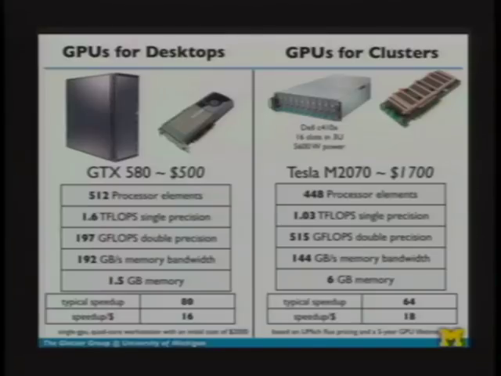So I could show a lot of very detailed benchmarks, but you get lost in the details, I think. So these are numbers from my code running what I would call a typical benchmark. I measure speed up in terms of what I would have to run in an MPI parallel program to get the same performance.